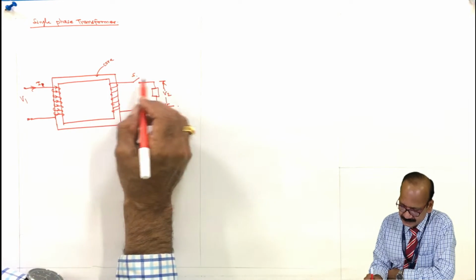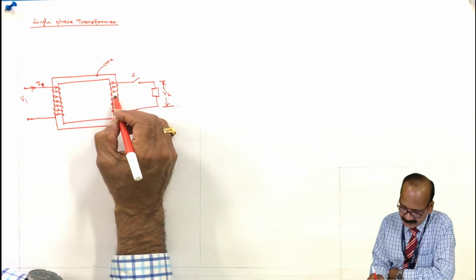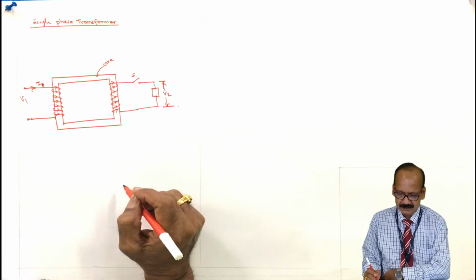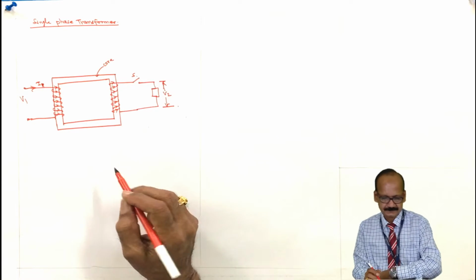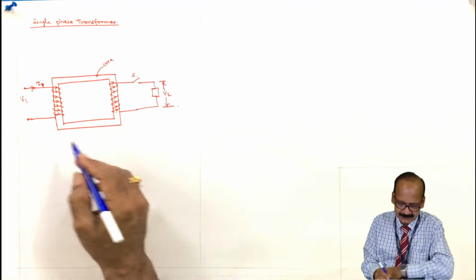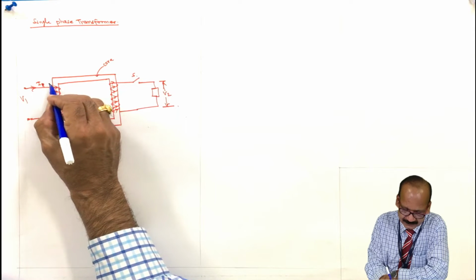This is the switch, and when the switch is closed, the current will flow through the winding like this. Now looking from this end, it will become a south pole and this will be a north pole.